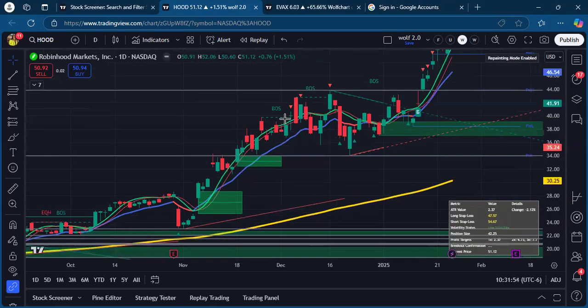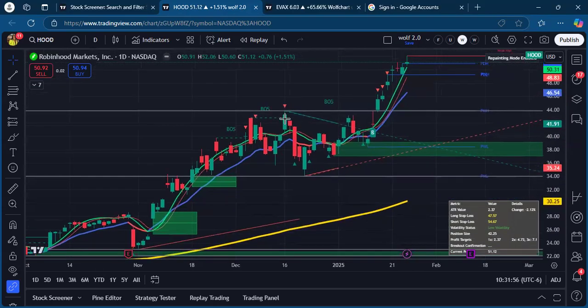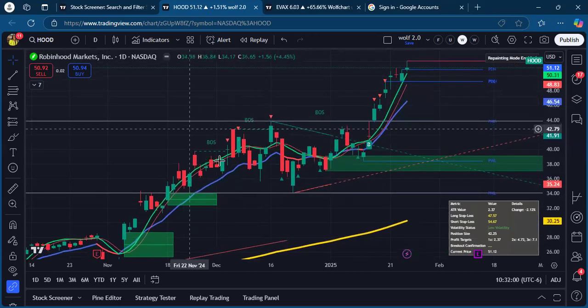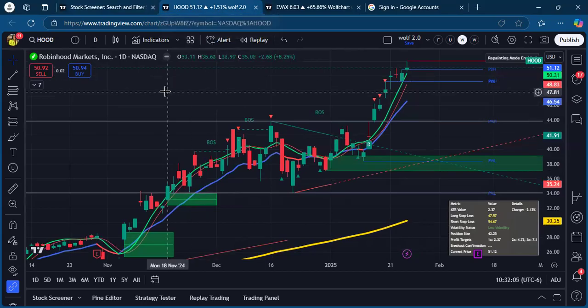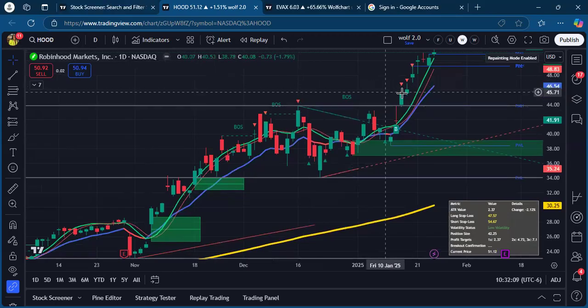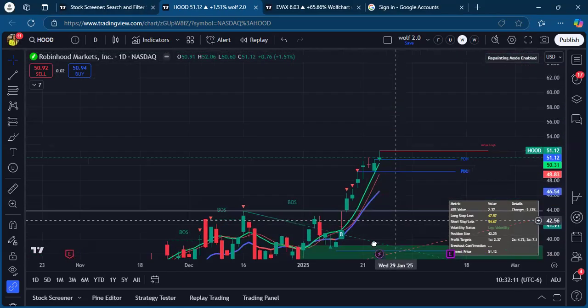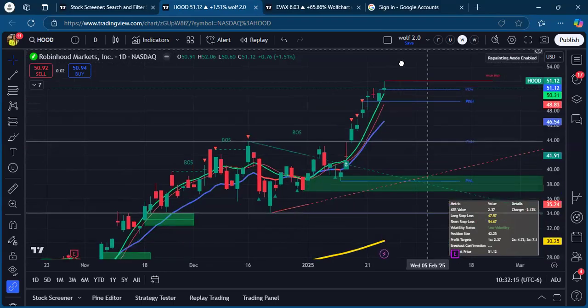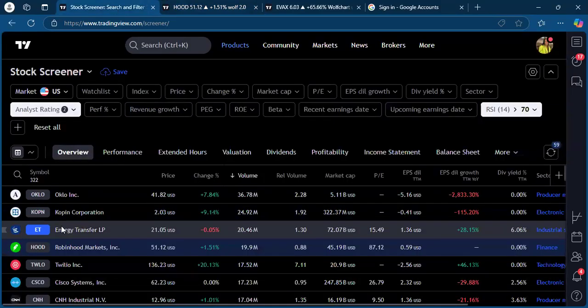And then you take your system that you use for trading and you go in and you begin to find your potential trades for the week. You can use this to prep. So yeah, we like Hood. Hood looks pretty strong. You have to also again remember it's been as high as 80 plus dollars, so it can keep going.